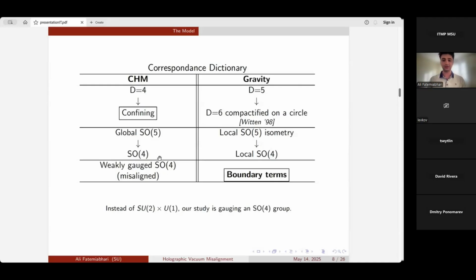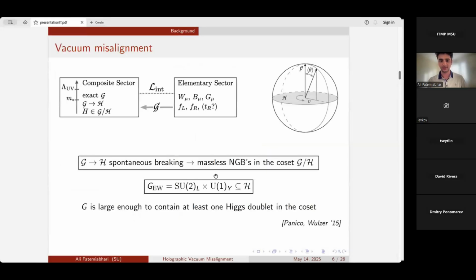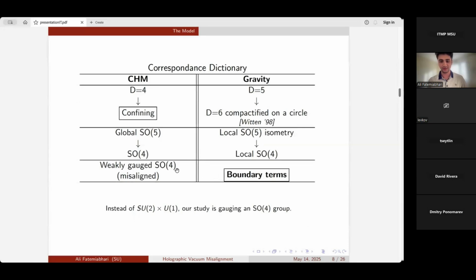Yeah, so this SO4, which we are going to weakly gauge, is not the spontaneously broken SO4. This is a misaligned version. So it is another subgroup. I mean the previous line in this table where the global SO5 is broken spontaneously to global SO4, right? Right.